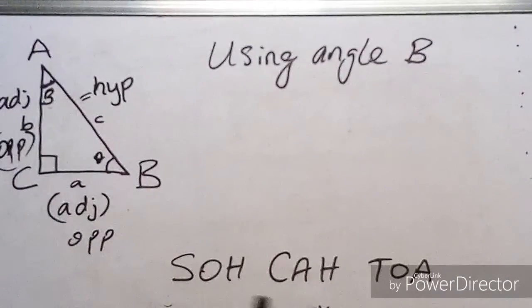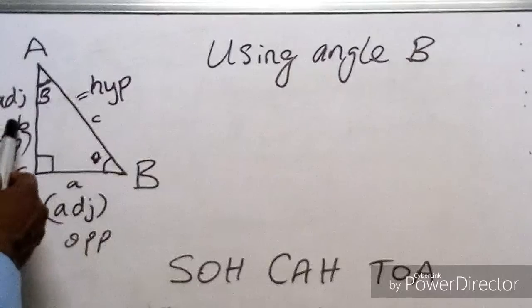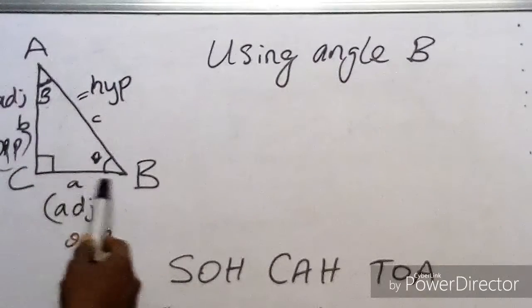So when you remember your SOHCAHTOA, you remember SOH, the O here is opposite over hypotenuse. In CAH, C is for cosine, which gives you adjacent over hypotenuse. And then in TOA, the T is tan, which gives you opposite over adjacent. Now using angle B, we have opposite over adjacent.